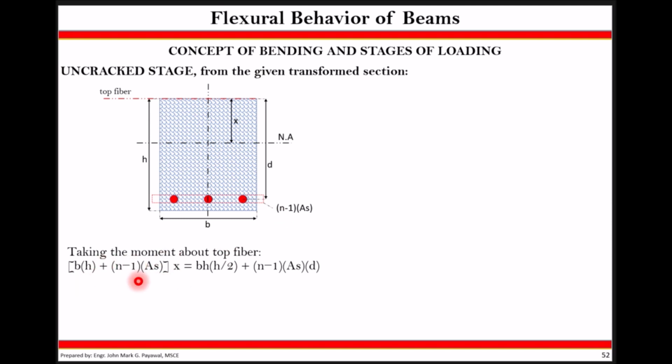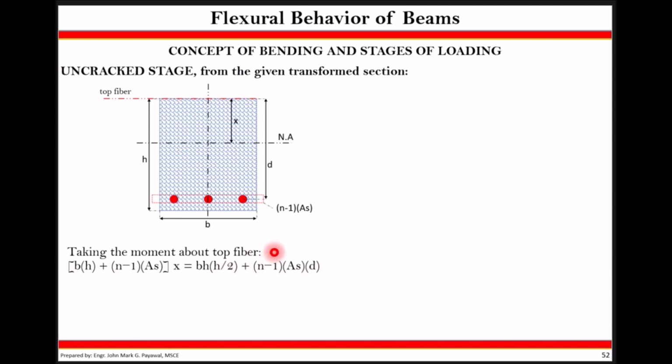Total area multiplied by my X, because I'm looking for this distance. I will now relate that to the summation of the individual area multiplied by their individual centroids. So in here, this is the total area and the global centroid. This is the individual area of my concrete and its local centroid, and the area of my steel and its local centroid.